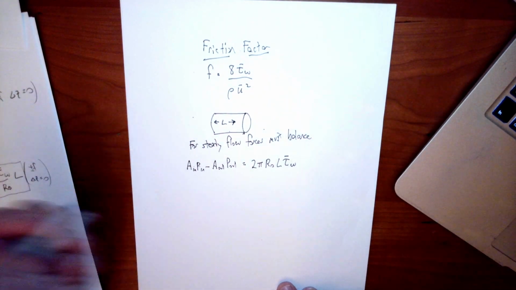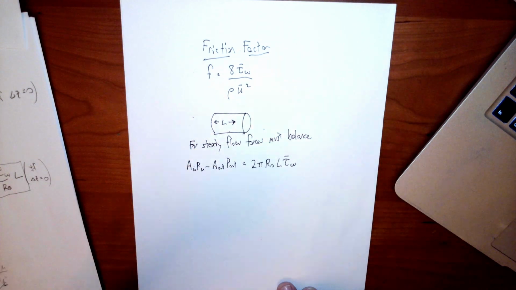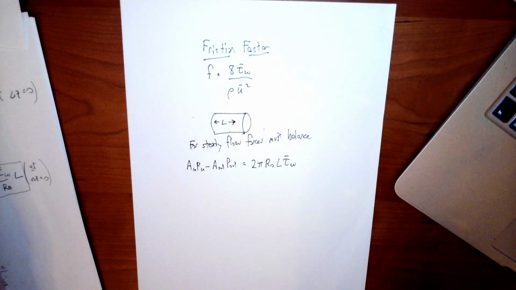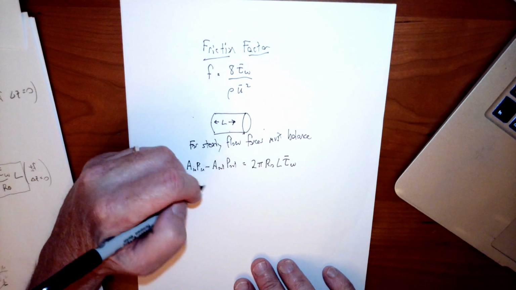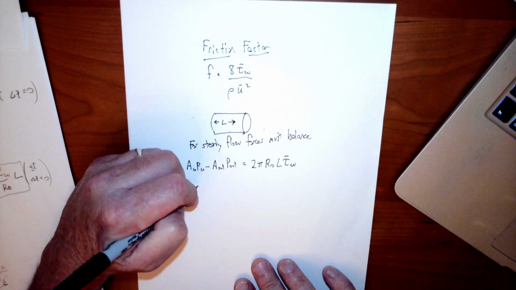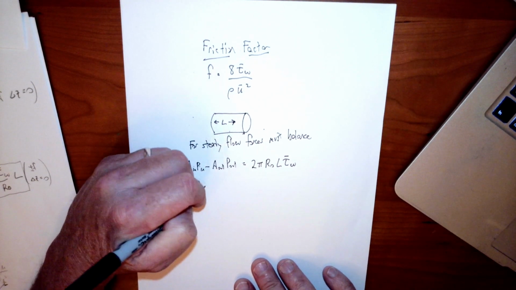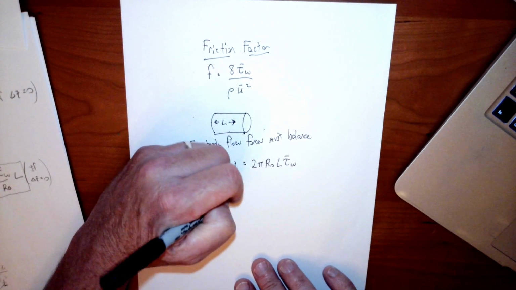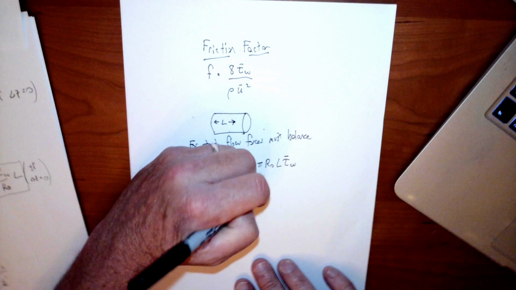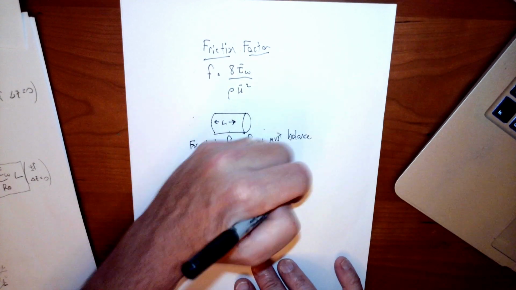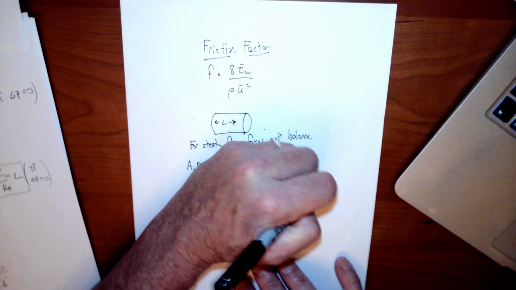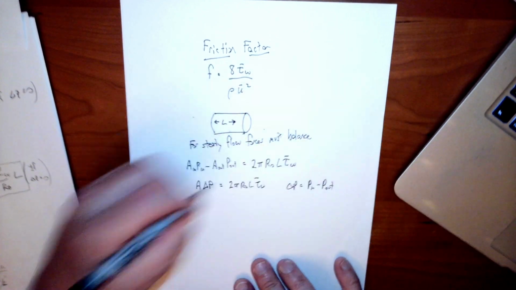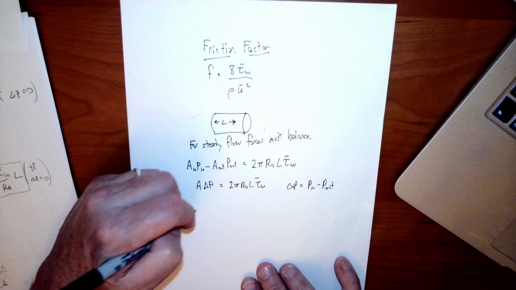So we can rewrite this. The areas are the same at the inlet and the outlet for a circular, steady, cross-sectional area pipe. So we're going to just call that A, and the pressure forces are just A delta P. And so we have A delta P is 2 pi R naught L times that average shear stress. Delta P, of course, is defined as P in minus P out. We know the area.